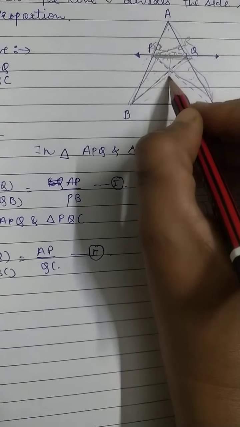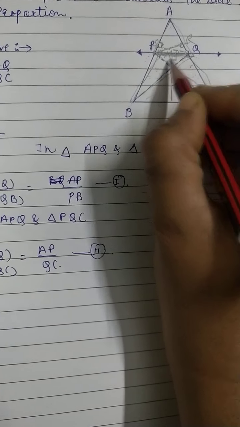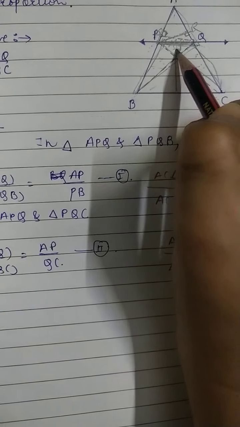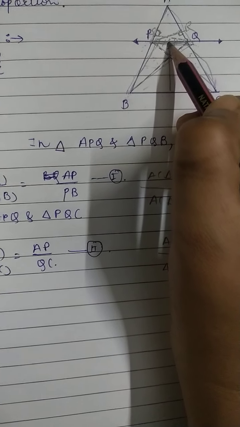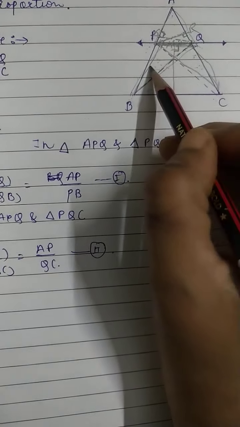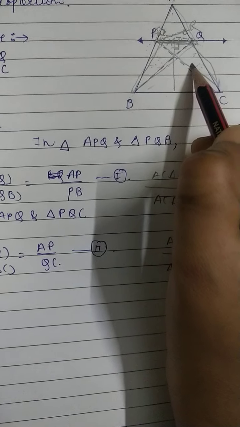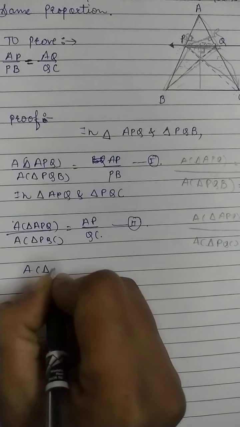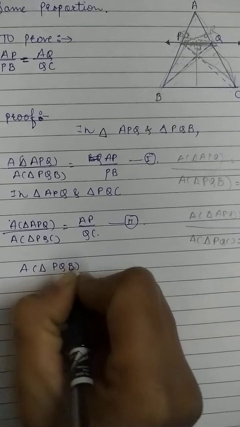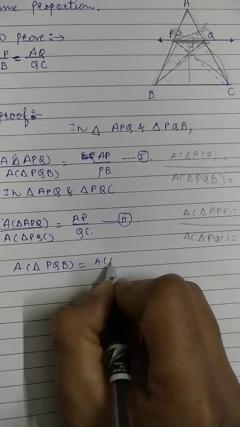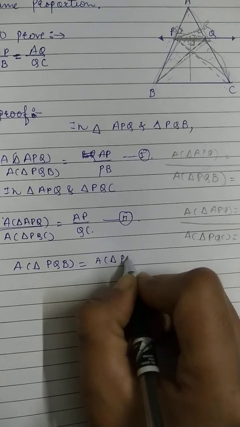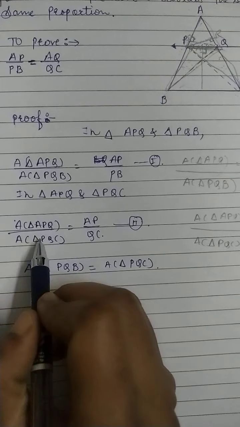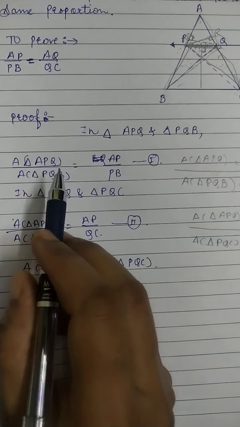Because of that, the height of both triangles will be the same. If the height of both triangles is the same and the base of both triangles is the same, the area of both triangles will be equal. So I'll write here: area of triangle PQB equals area of triangle PQC. Understood? The areas of PQC and PQB are the same.